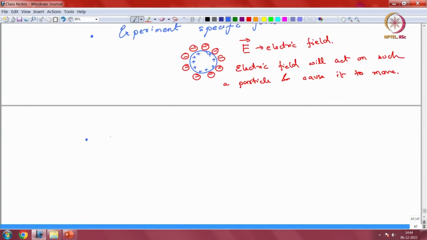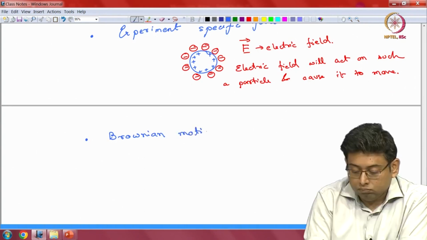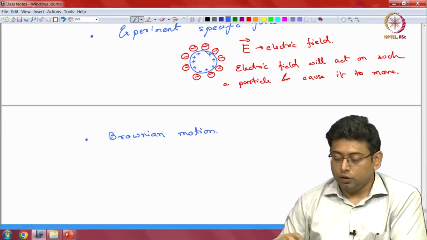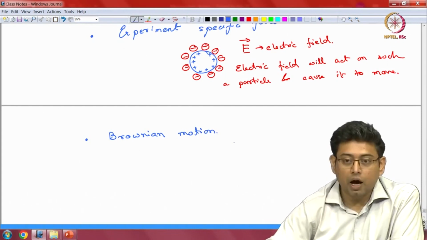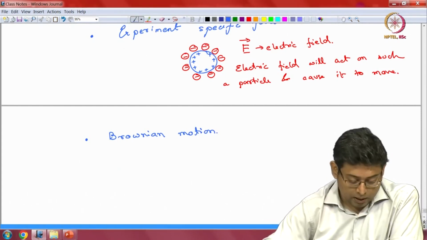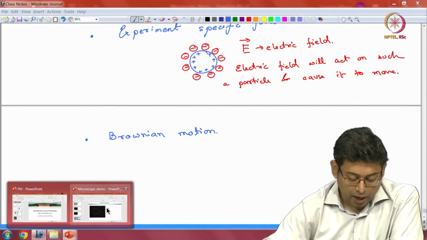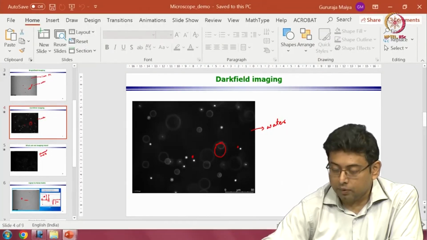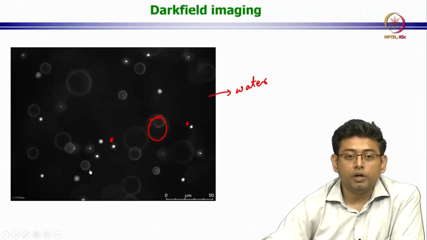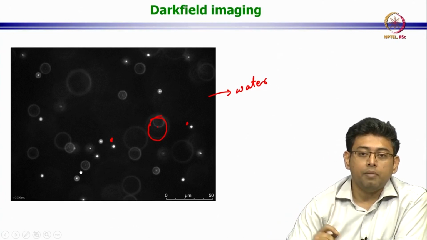Another point is Brownian motion. Now, I encourage you to read up on Brownian motion by yourself, but just to illustrate this particular point, I will go back to the video that I was showing you before. You have already seen this in the lab, right.